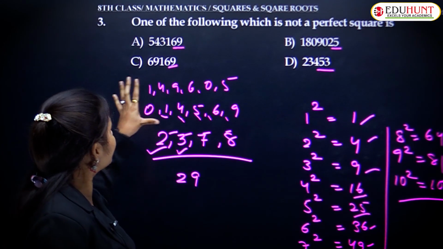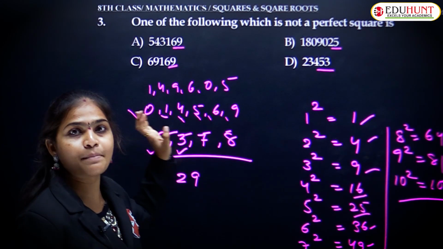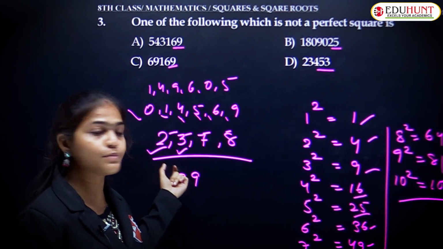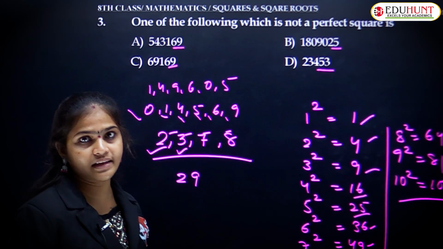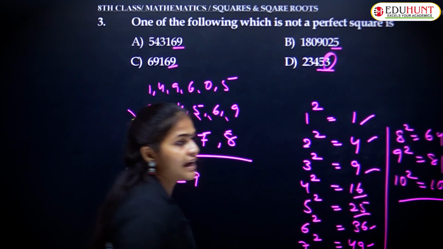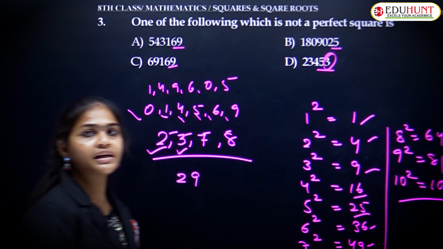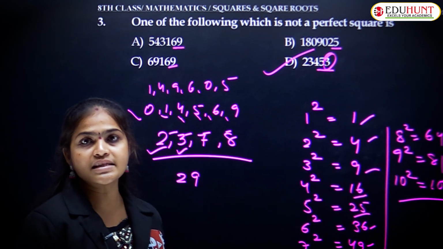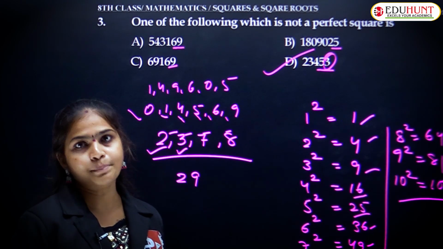If a particular number is a perfect square, it never ends with any of the digits 2, 3, 7, 8. But here this number is ending with 3. So without checking, easily we can say that this is not a perfect square.